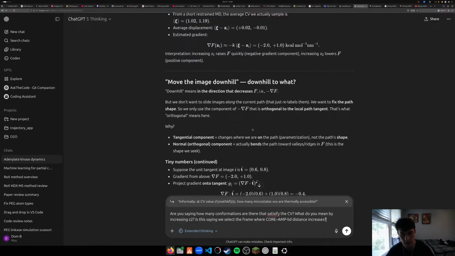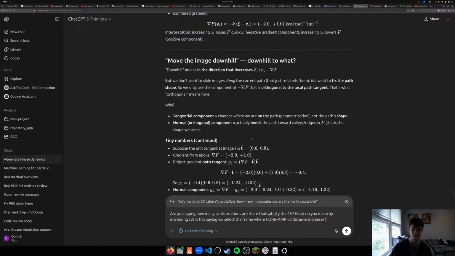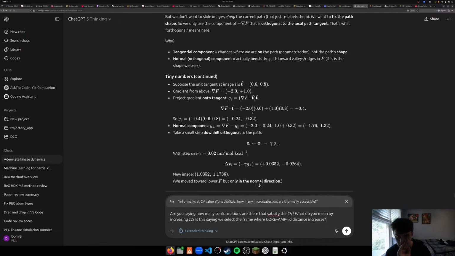We want to fix the path shape, so we only use the components of negative F that are orthogonal to the local path tangent. That's what orthogonal means here. Why? The tangential component changes where we are on the path, not the path shape. The normal component actually bends the path towards the valley in F. This is the shape we seek.